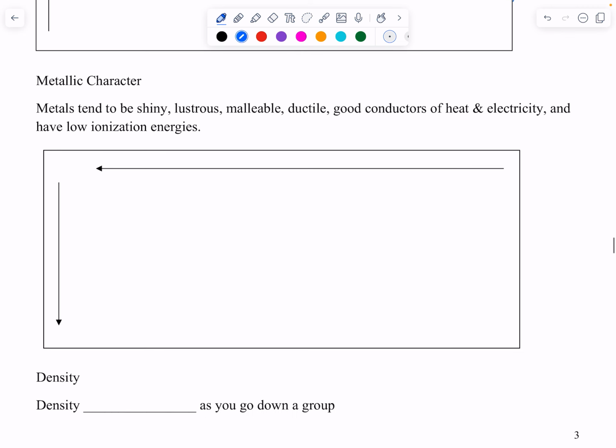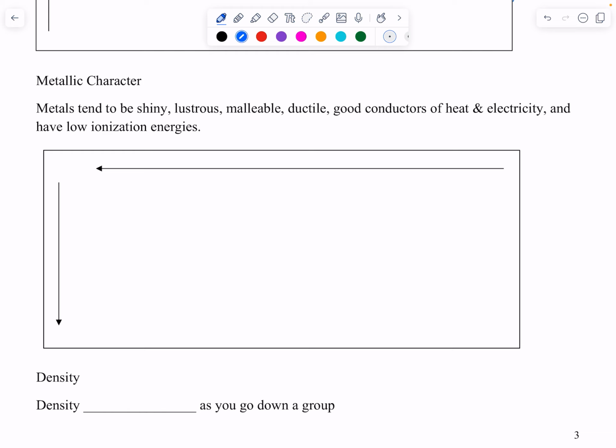Metallic character. Basically, it's how easy it is to be oxidized. Metals tend to be shiny. We like shiny. They're good conductors of heat and electricity. You can bend them and put them into wires.